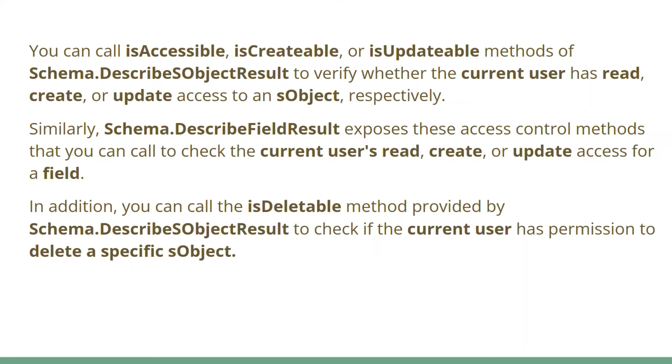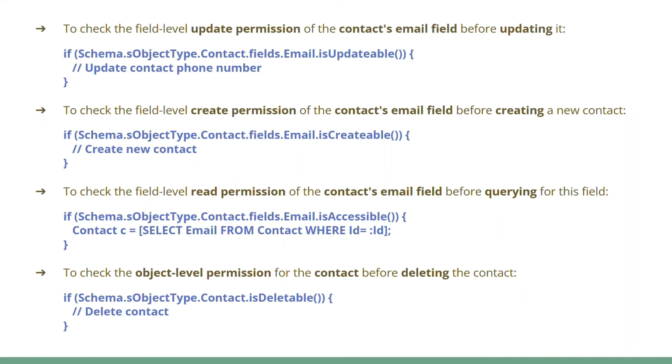In addition, you can call the isDeletable method provided by DescribeSObjectResult to check if the current user has delete permission on that specific sObject. So let's see some examples. To check the field level update permission of the contact's email field before updating it: if Schema.SObjectType.Contact.fields.Email.isUpdateable.